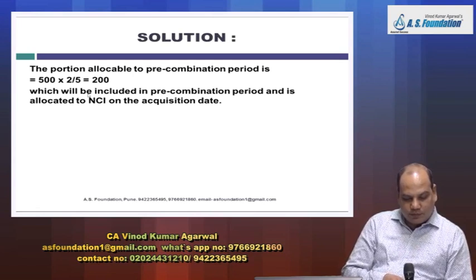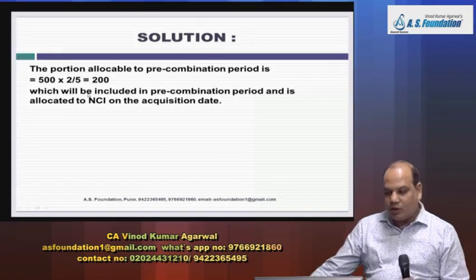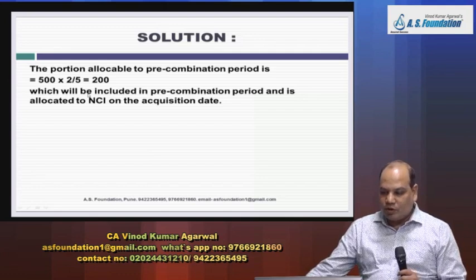Why 2 by 5? 2 years completed, 5 is the higher of the two. Original vesting period was 5 years and the revised vesting period is 4 years. So I will take the higher of the two. And this amount is computed on the original vesting period.